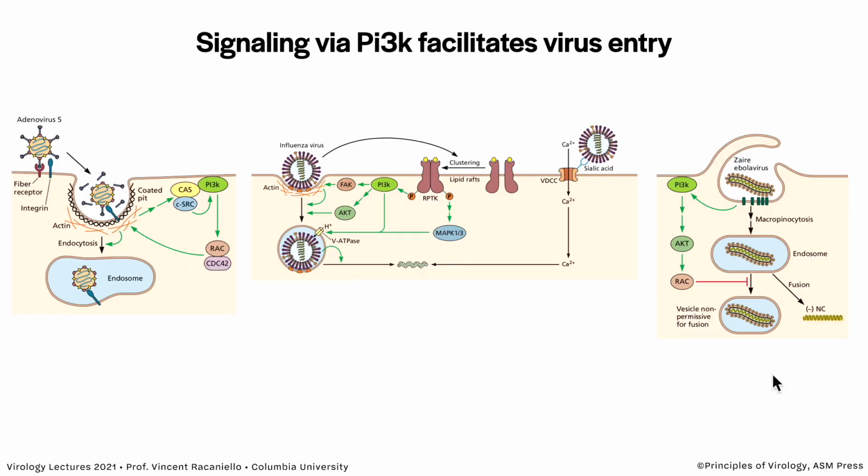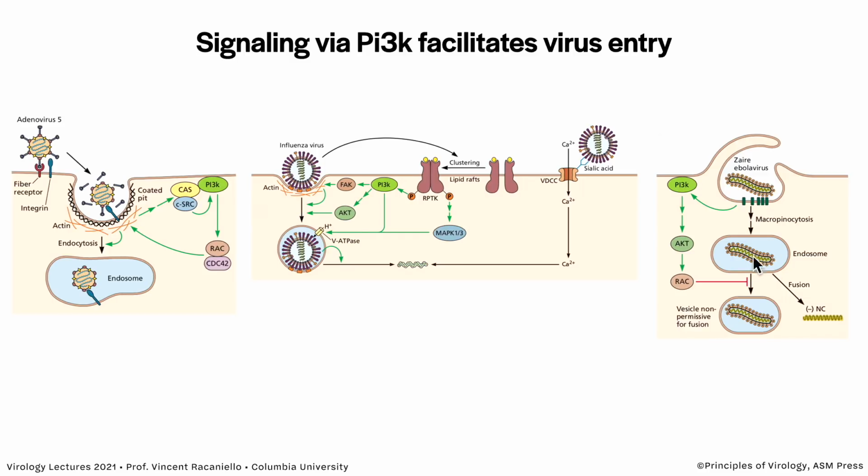And then finally, the last example here is Ebola virus, which binds to some surface receptor, plasma membrane receptor that's not been identified. And these are taken up by macropinocytosis, eventually get into endosomes. And remember, there's an endosomal receptor to which the viral spike binds, catalyzes fusion and release of the nuclear capsid into the cytosol.